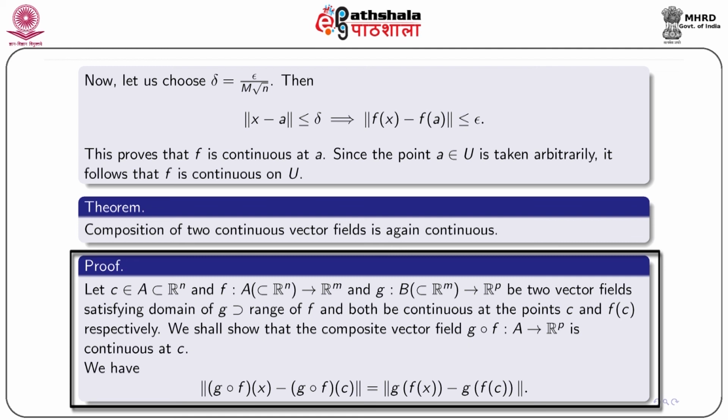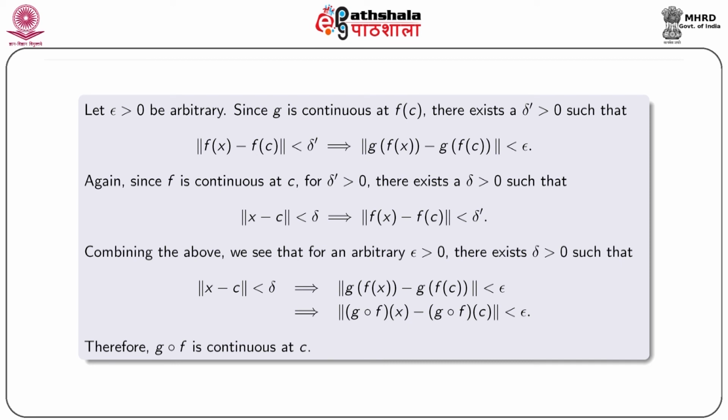Now, the norm of (G compose F)(x) minus (G compose F)(c) equals the norm of G(F(x)) minus G(F(c)). Let epsilon be arbitrary. Since G is continuous at F(c), we can find a delta dash corresponding to epsilon such that the norm of F(x) minus F(c) less than delta dash implies the norm of G(F(x)) minus G(F(c)) is less than epsilon.